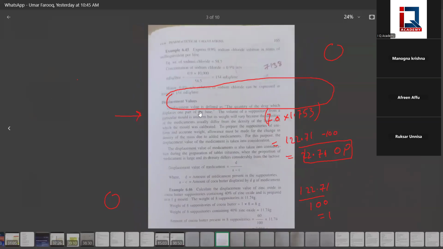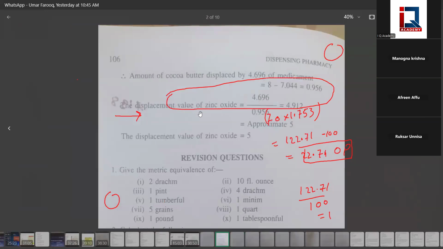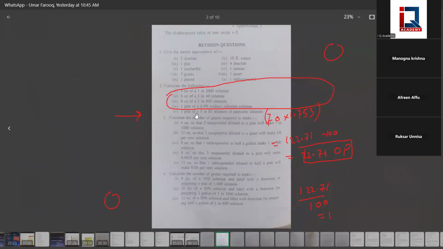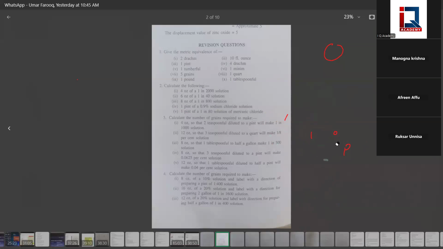Right? So let's see some revision questions. Then we will go for the other calculation part that is very, very important, displacement value calculation. So percentage calculation questions are not there here. Fine.